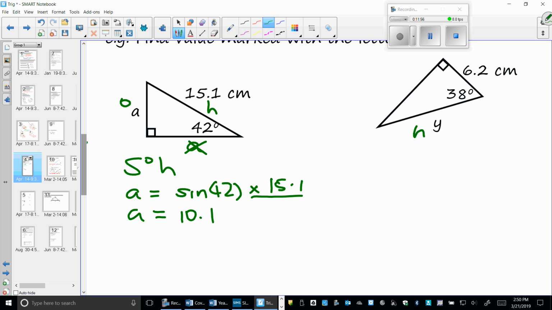HOA, so this is an H and A, so O is useless. So this is CAH. We're trying to find the hypotenuse, so this is where we put A divided by cos. So y is 6.2 divided by cos of 38.